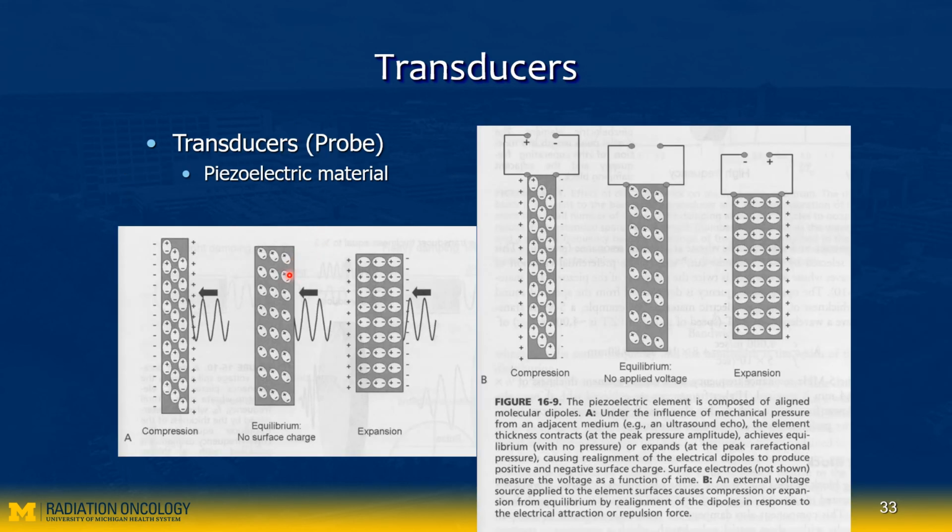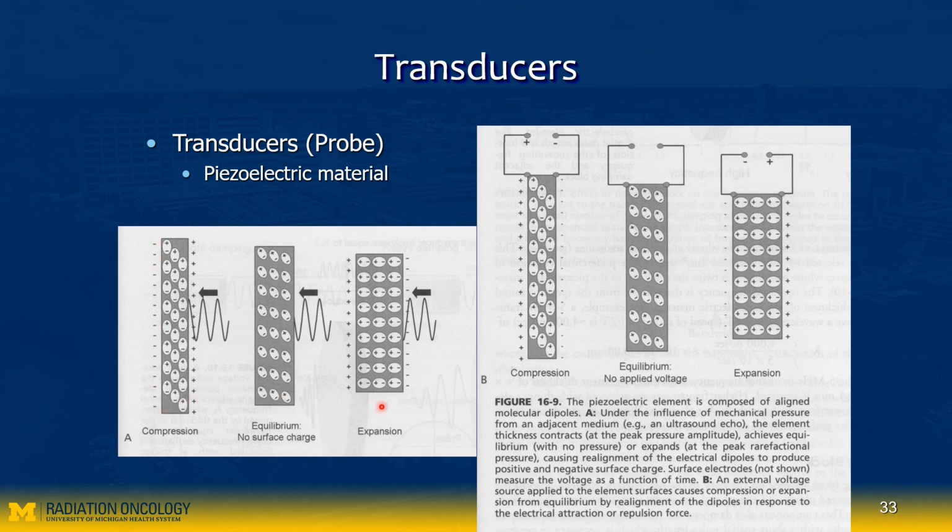All right, on your left, at equilibrium, there is no surface charge. The molecules or atoms are randomly distributed, so there's no net charge at the surface. But when it is compressed, it can create a positive charge on one surface and a negative charge on the other surface.